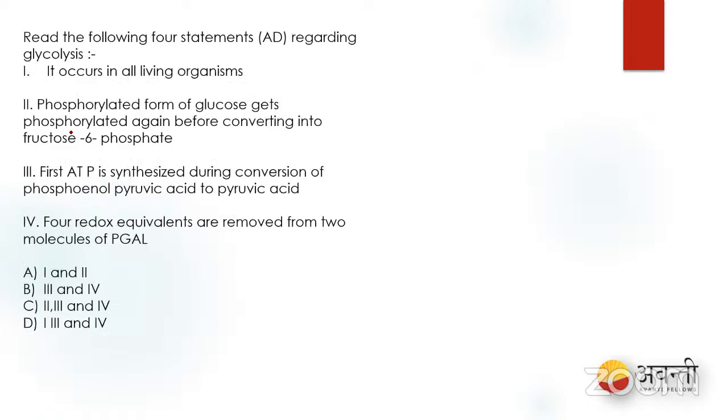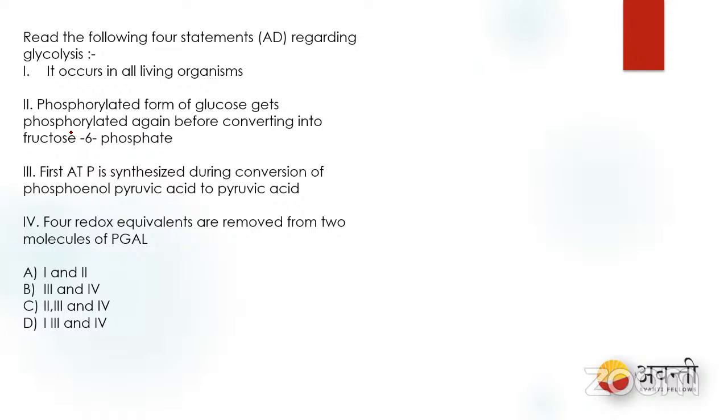Okay. Next one. Read the following statements, from A to D or 1 to 4, regarding glycolysis. It occurs in all living organisms. Next one. Phosphorylated form of glucose gets phosphorylated again before converting into fructose 6-phosphate. Next one.